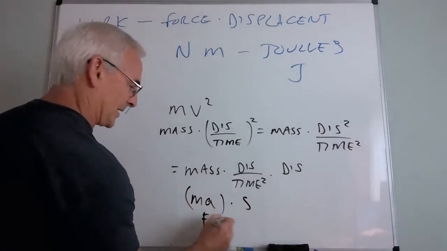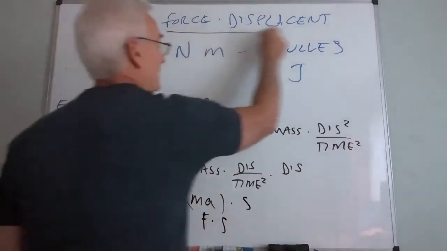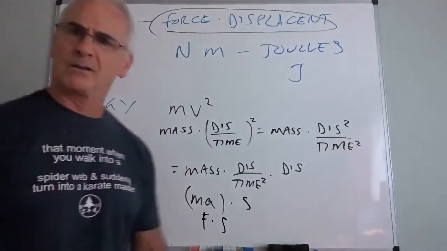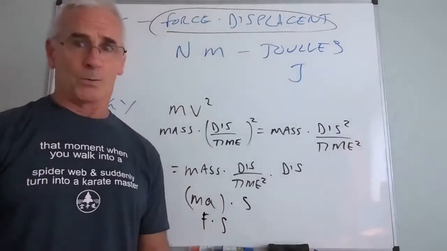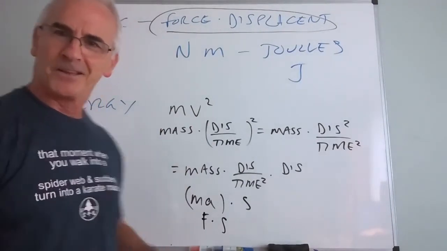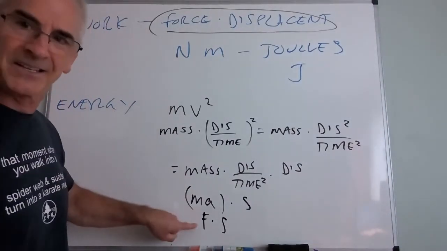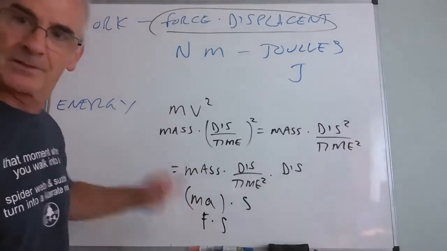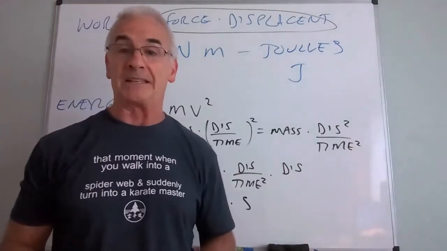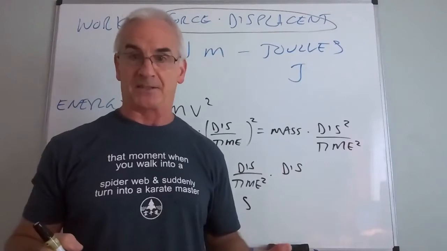But that's force times displacement, and that's the definition of work. So we either have a problem here or we have a really cool identity. Energy is exactly the same as work. There's no difference. And a lot of people think they're completely different animals. No, it's a context thing.